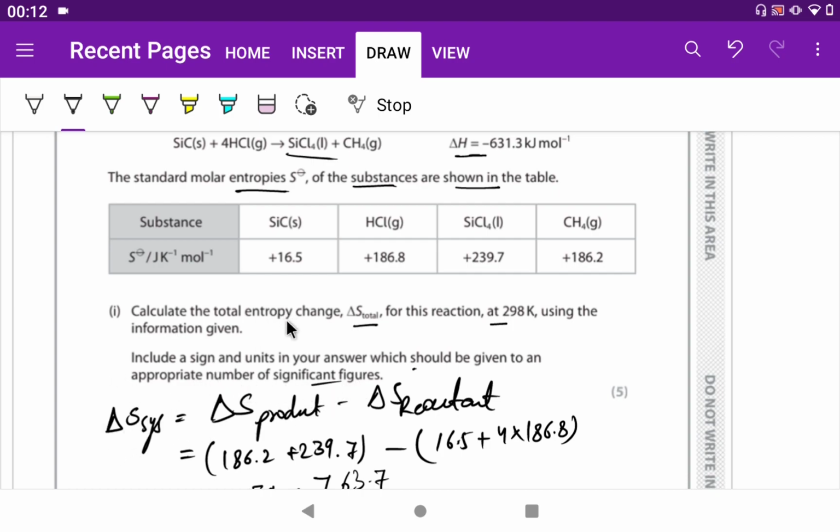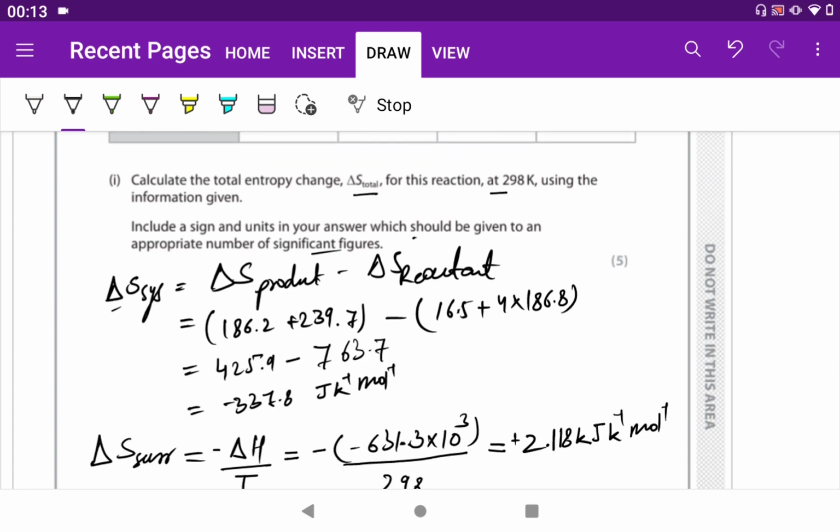As we know, the entropy change of the system is the entropy of products minus the entropy of reactants. So the entropy of products is 186.2 plus 239.7, minus 16.5, minus 186.8. After calculation, the entropy of the system is minus 337.8 joules per Kelvin per mole.